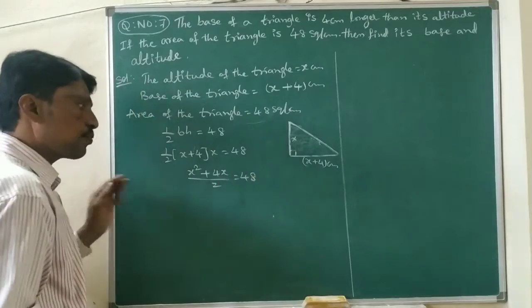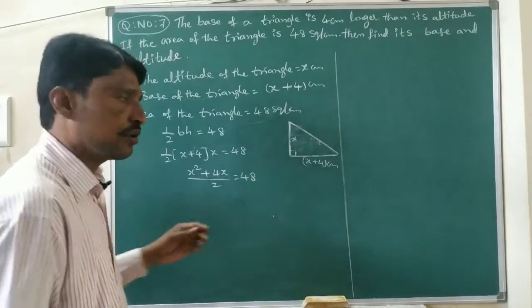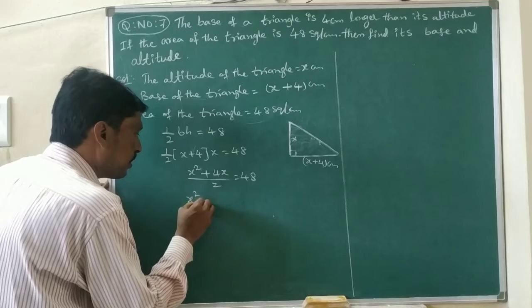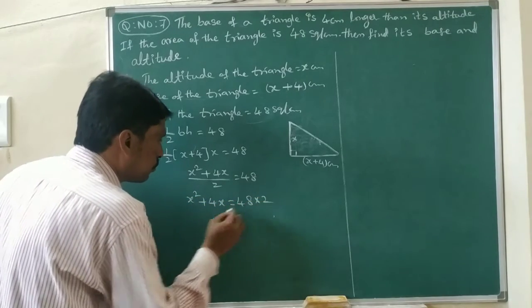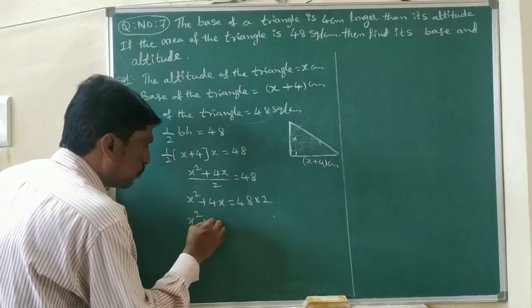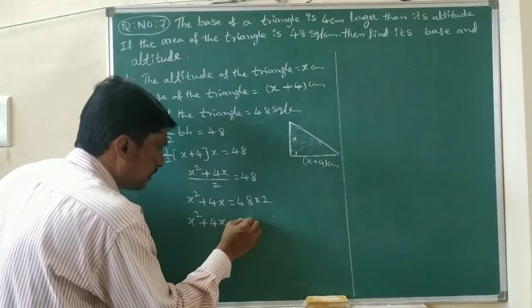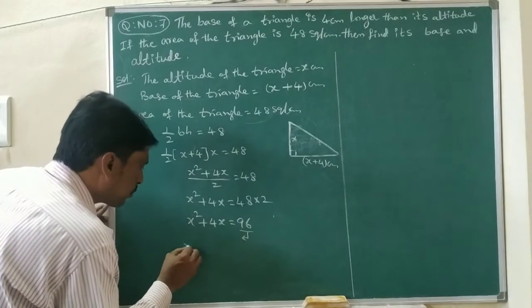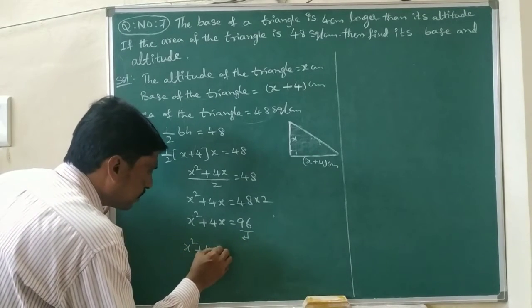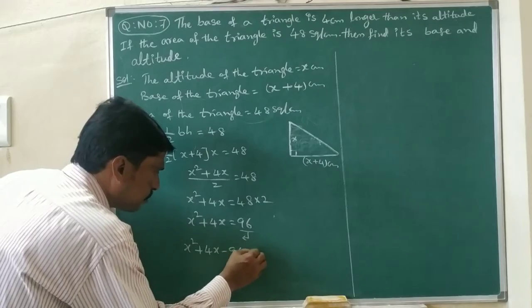This 2 we need to transpose; the denominator goes to the right. So x square plus 4x equals 48 into 2, so x square plus 4x equals 96. This 96 we transpose to the left: x square plus 4x minus 96 equals 0.